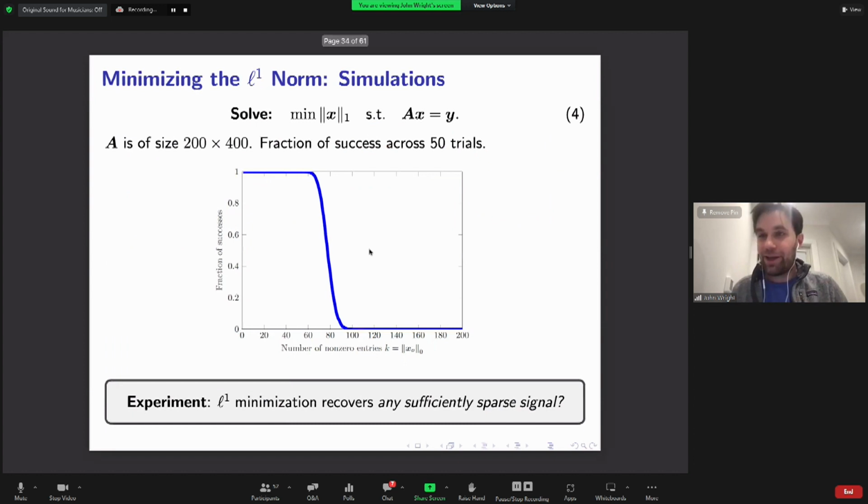And one of the big surprises in this area is that although we can't recover all of the sparse things, and we argued a few slides ago that that problem is hard in general, there is actually a fairly well-structured subset of them that we can find. And often they're the ones we're looking for.